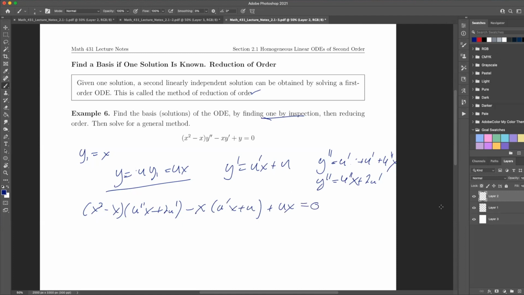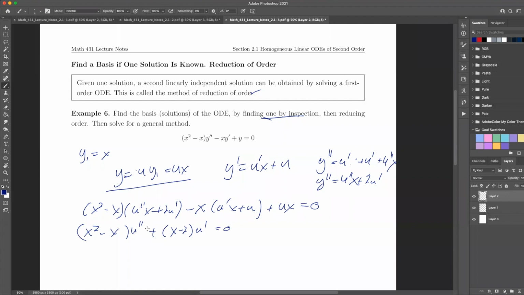Once we do all this, we distribute and simplify. I'm going to skip the simplification. If you need me to go through all the other steps, come to office hours. I want to spend more time on stuff I'm really going to grade you on, but I do want you to see this. We get x minus 2 u prime equal to 0, and notice that the negative x cancels out.